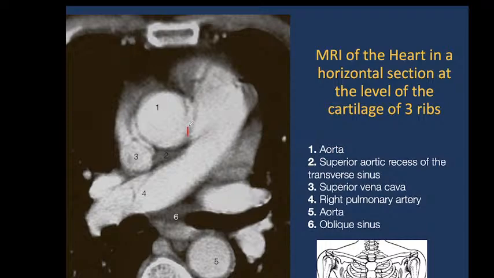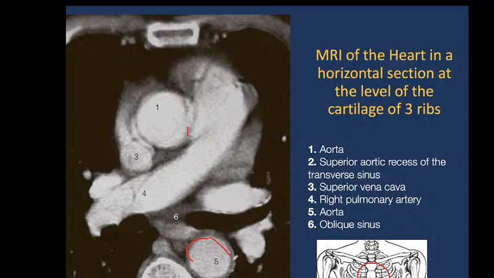Number 1 and number 5 are the aorta, because the aorta makes the arch, so it is visible twice.